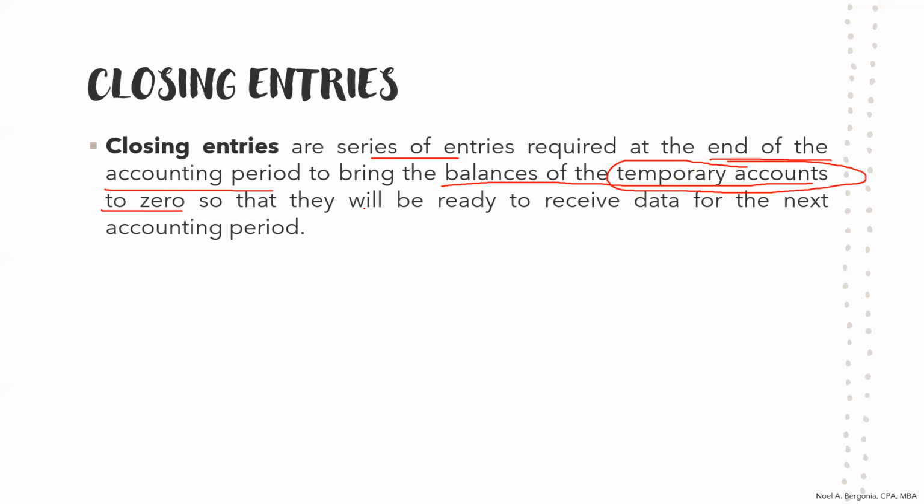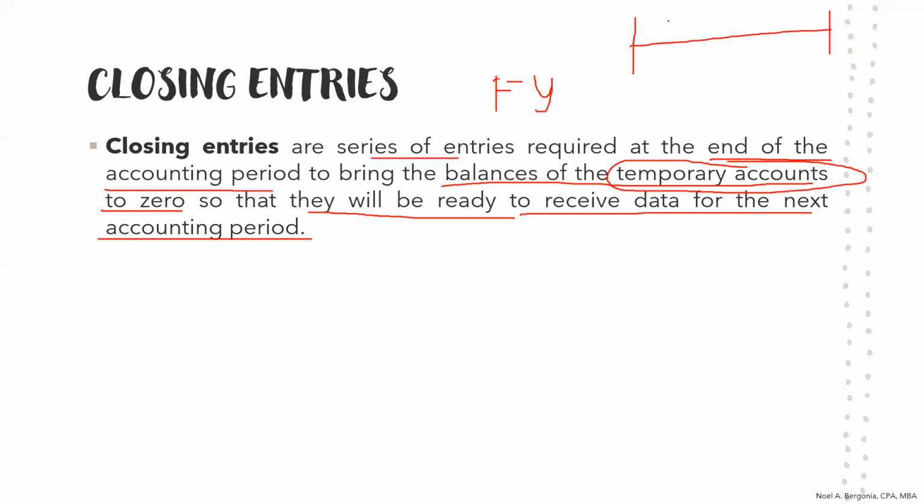Okay, and what's the purpose of zeroing out the temporary accounts? It is because we want to get those accounts ready to receive data for the next accounting period. Okay, so we make them ready. That is why there is for the year ended, for the month ended earlier in the financial statements, because again, they are just covering a certain accounting period.